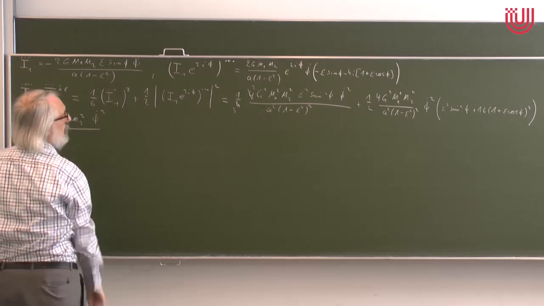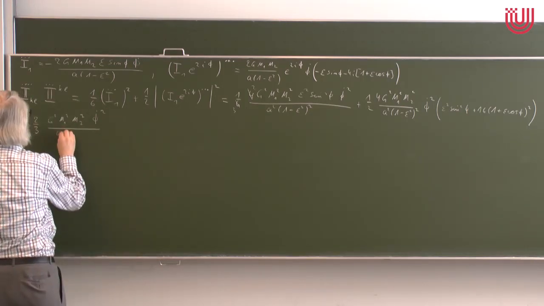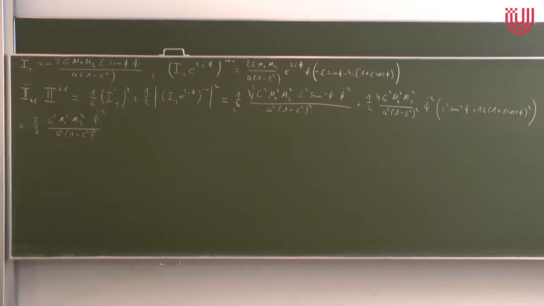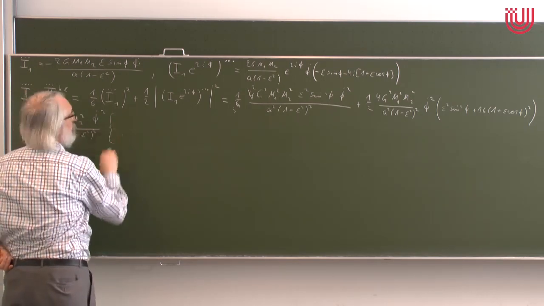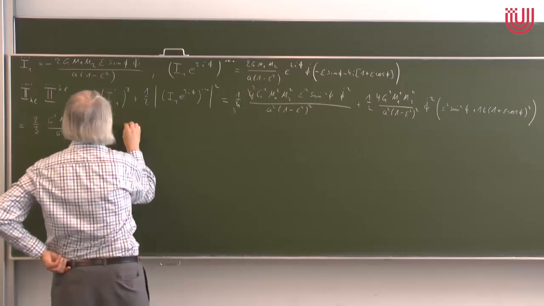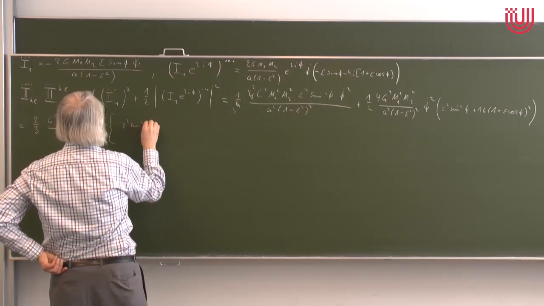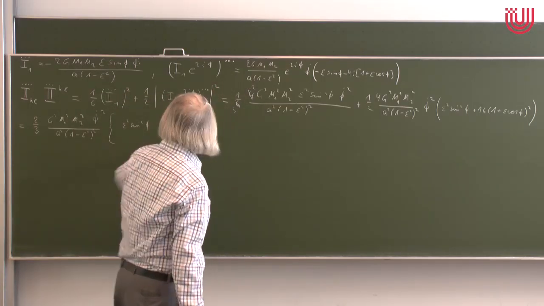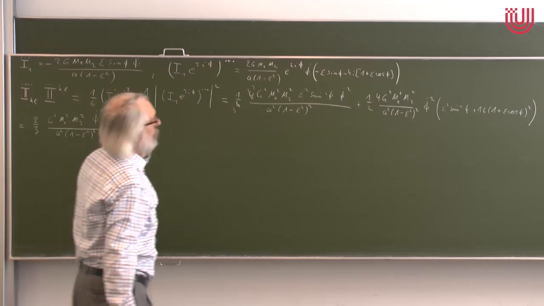Phi dot squared divided by a squared (1 minus epsilon squared) squared. And from the first term I have only epsilon squared sine squared phi. And here I have a factor 2/3 written in front of the bracket.